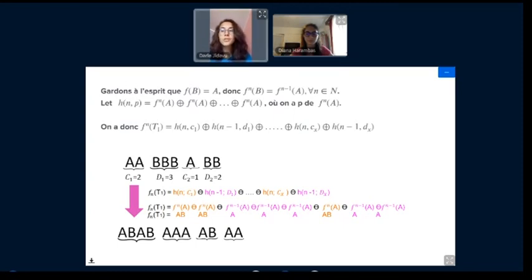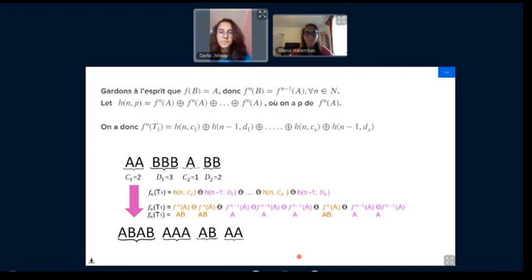Now, the formula for generating the nth word looks like this. Function of T1 at the power of n is equal to the concatenation of all h functions applied to n and the c's, respectively to n-1 and all the d's.